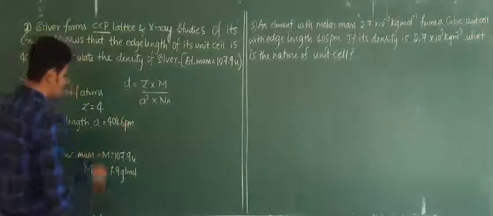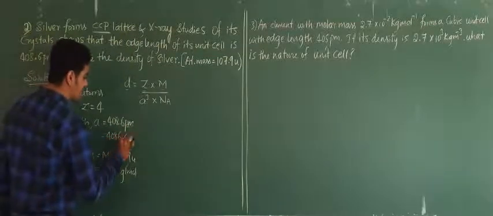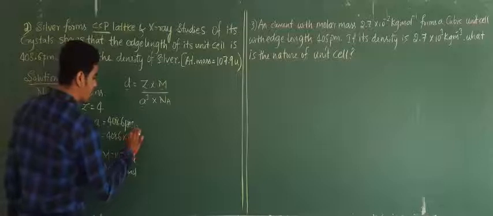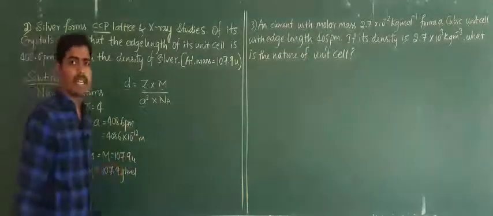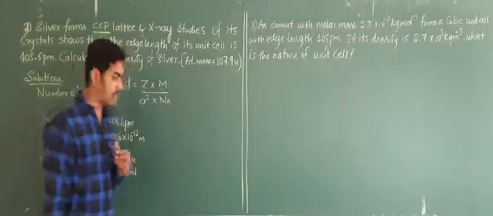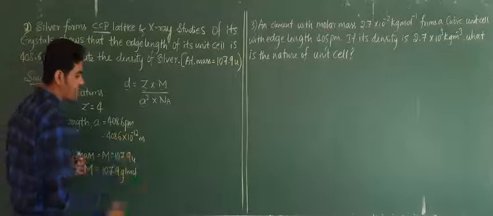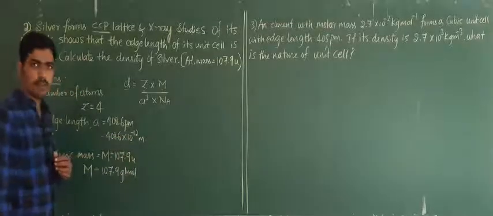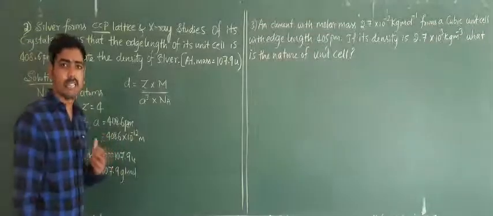Picometer means 408.6 into 10 raised to minus 12 meter, since 1 picometer is equal to 10 raised to minus 12 meter. Now you have to convert that into centimeter.